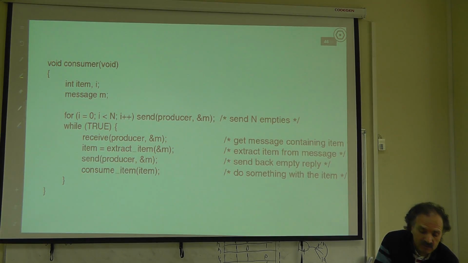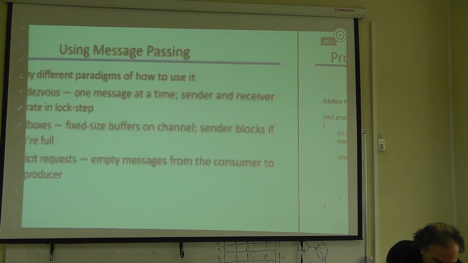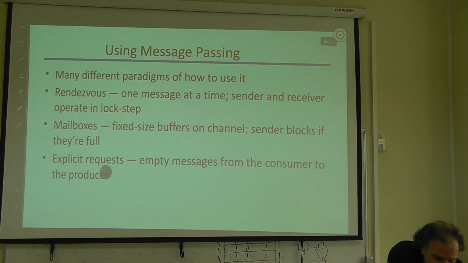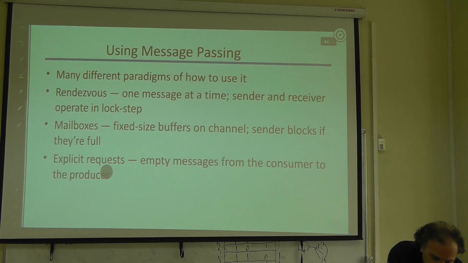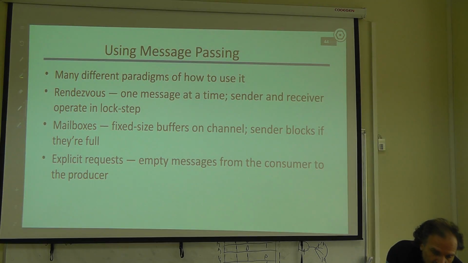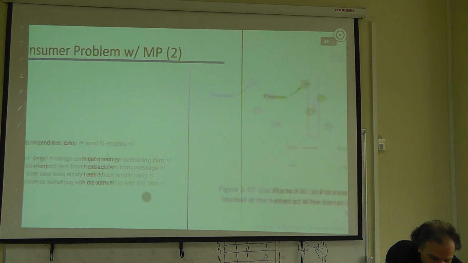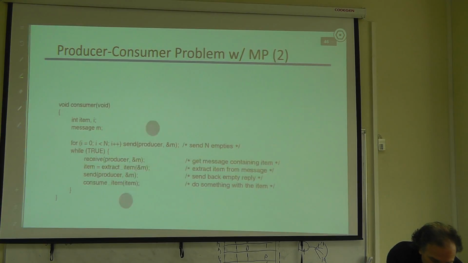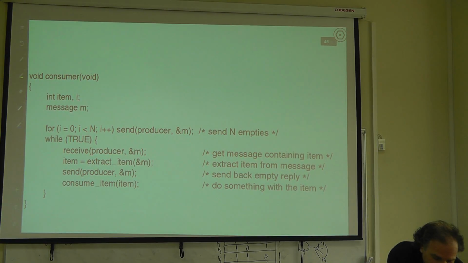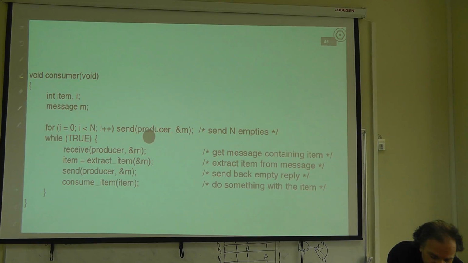Okay, so we are using this paradigm, explicit requests. The consumer sends n empty messages, asking the producer to fill in those messages and send them back to me. So the first thing the consumer does here is send n empty messages. Then in an infinite loop, it starts waiting.